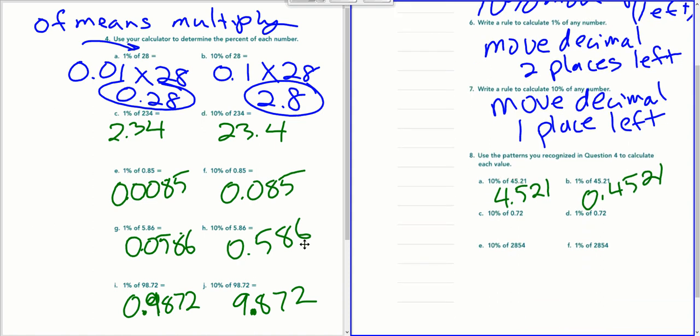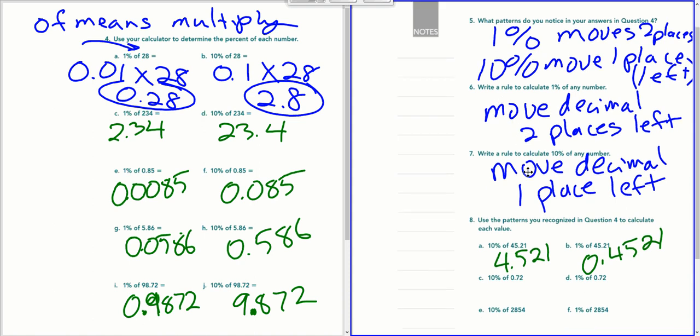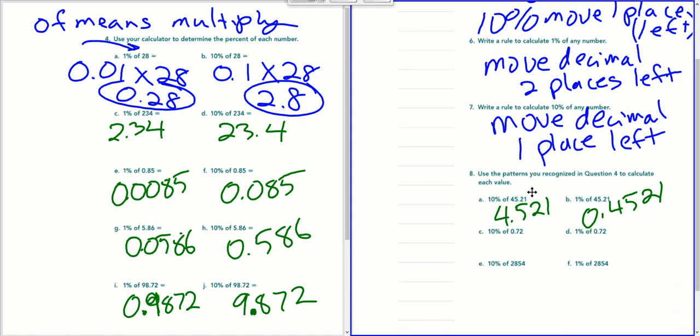Yeah. So A is use the pattern you recognize in question 4 to calculate each value. Okay. A is 10% of 45 and 21 hundredths. And how you might do that is by moving, remember, 10% is one place value to the left.